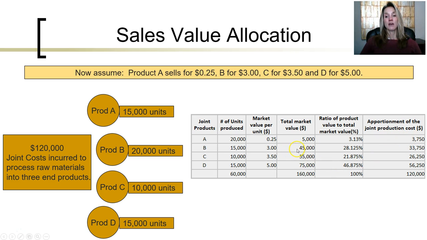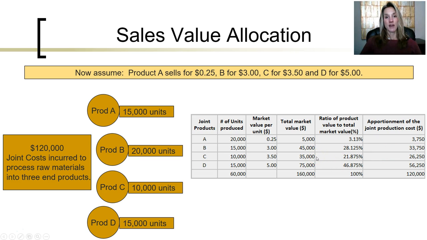Product B, total sales value of $45,000 of the total sales value for all products. 45,000 divided by 160,000 is 28.125%. So product B will be allocated 28.125% of the $120,000 joint cost, or $33,750.